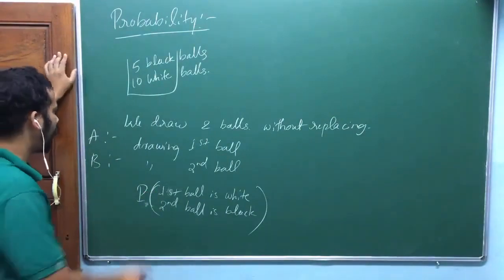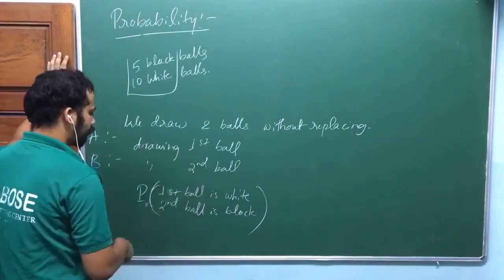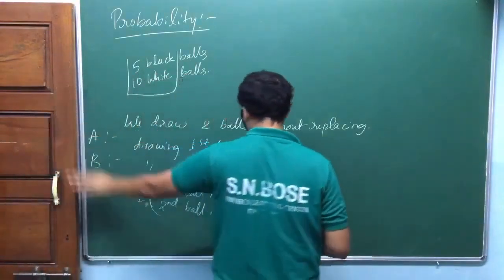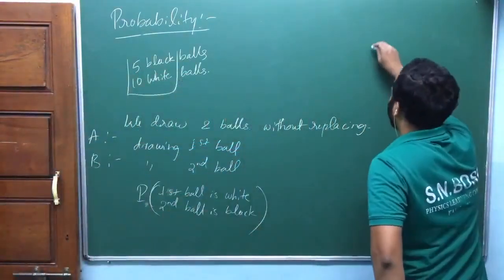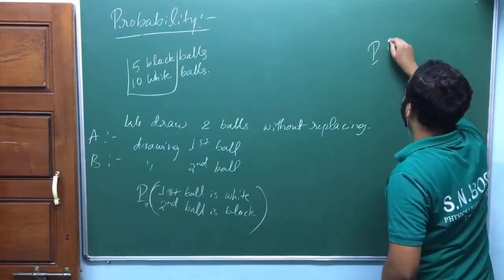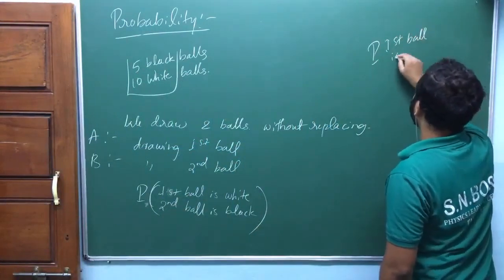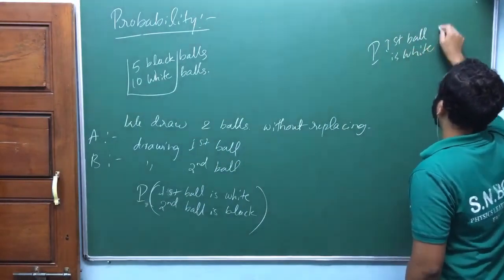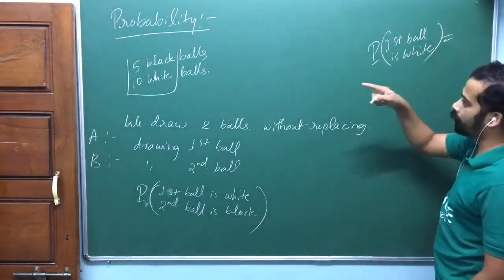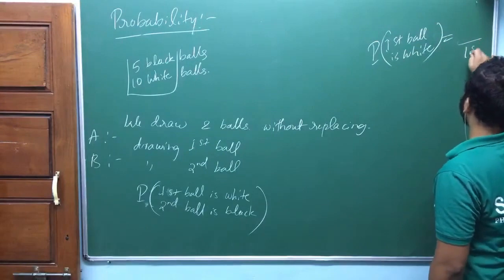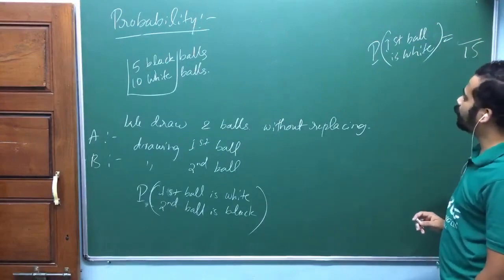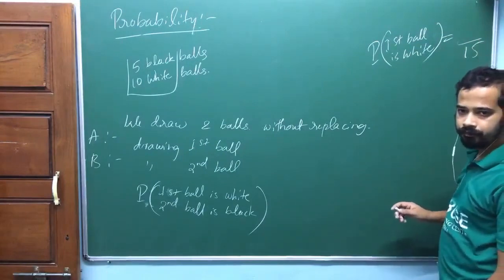What is the probability of occurrence of this one? What is the probability that the first ball is white? That's equal to how many total balls are there? 15. How many favored?